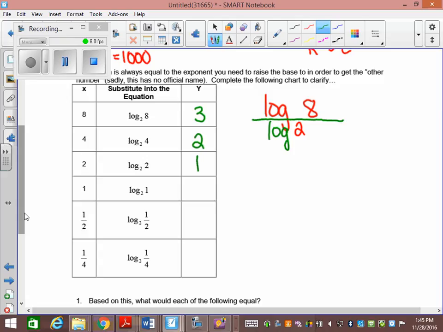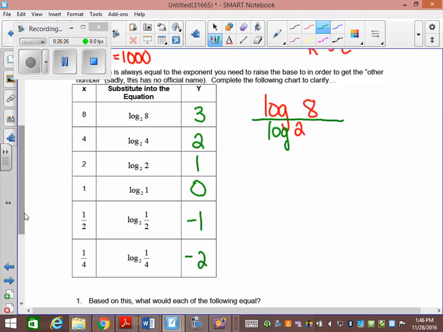What's log 1 divided by log 2? 0. What's log 1/2 divided by log 2? -1. And what's log 1/4 divided by log 2? -2.